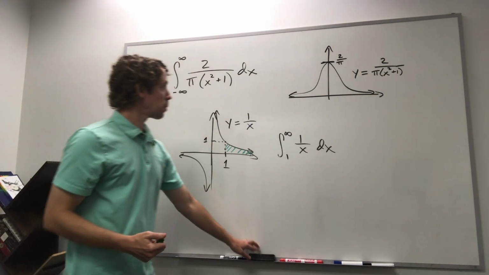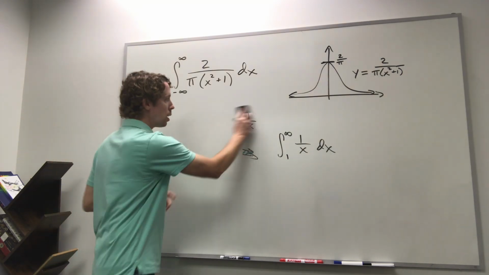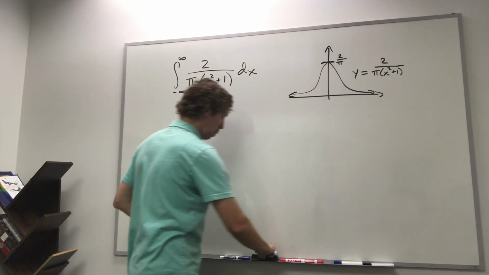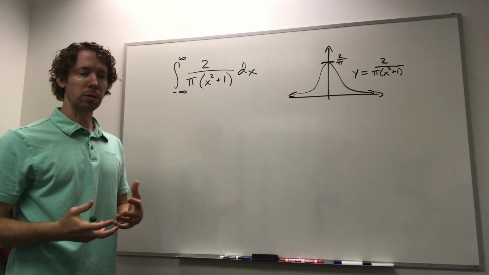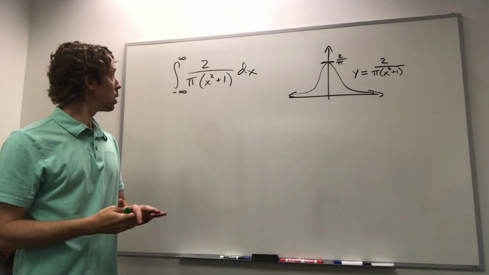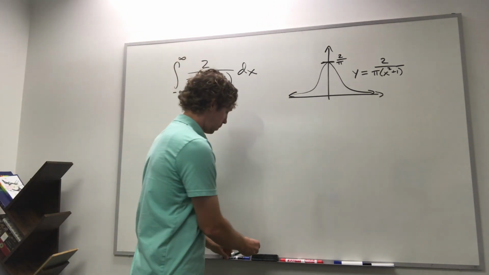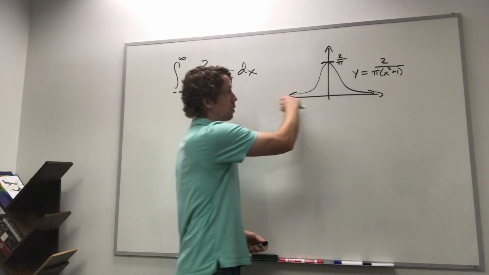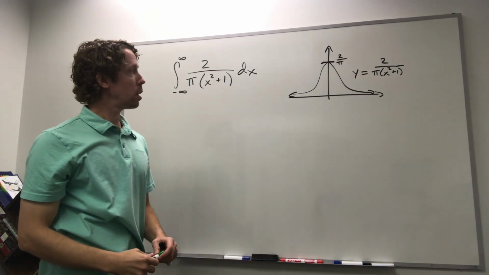For example, in the context of statistics, people have developed certain functions that model specific situations where you can have something like this function, y equals 2 over pi times x squared plus 1.